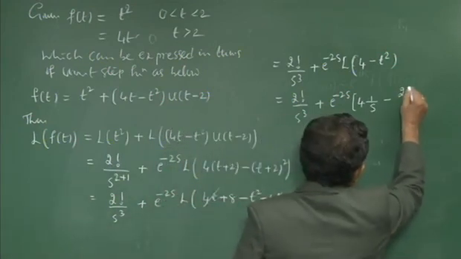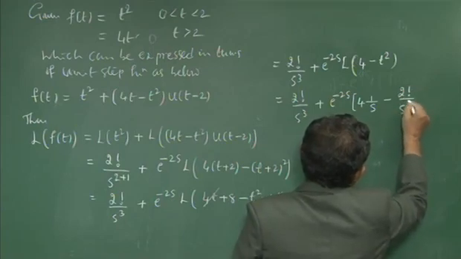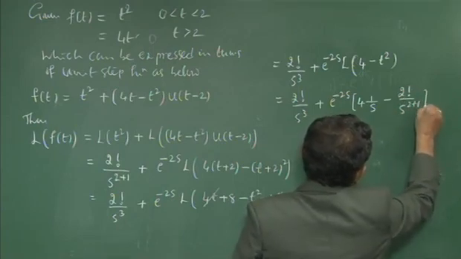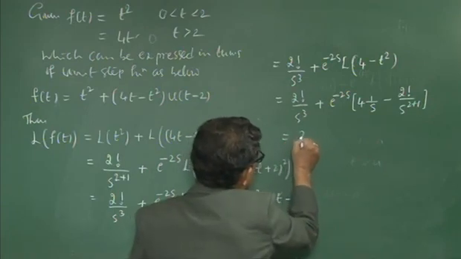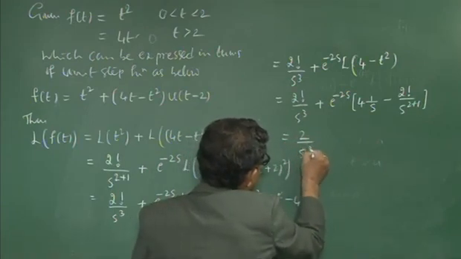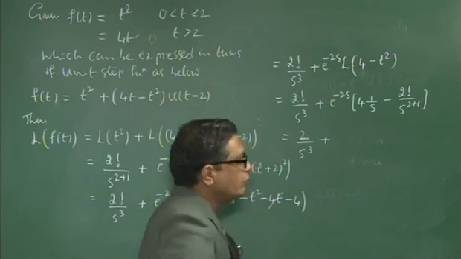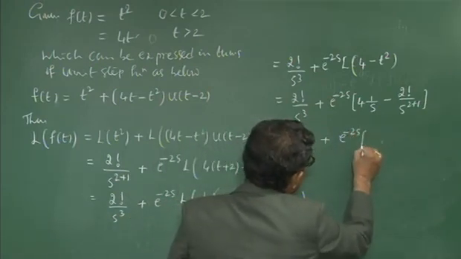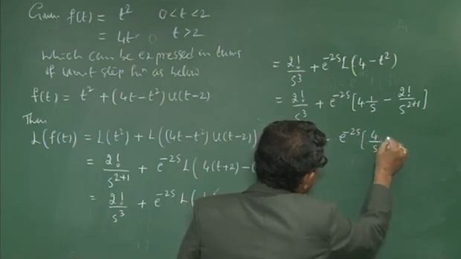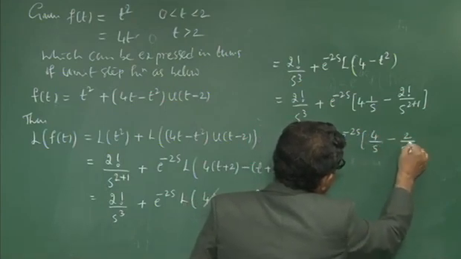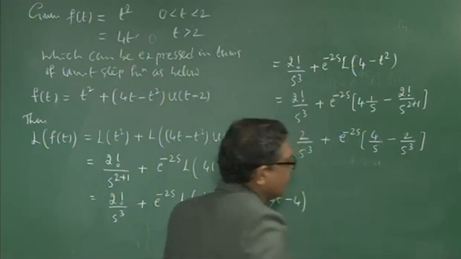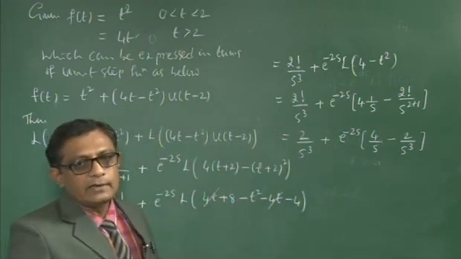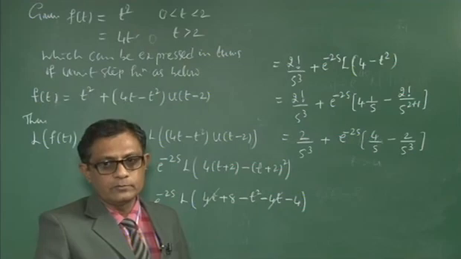Therefore it is 2 factorial by s raised to 2 plus 1, or you can write 2 divided by s cube, 2 factorial, 2 into 1. So e raised to minus 2s times 4 by s minus 2 by s cube. This is your required Laplace transform.